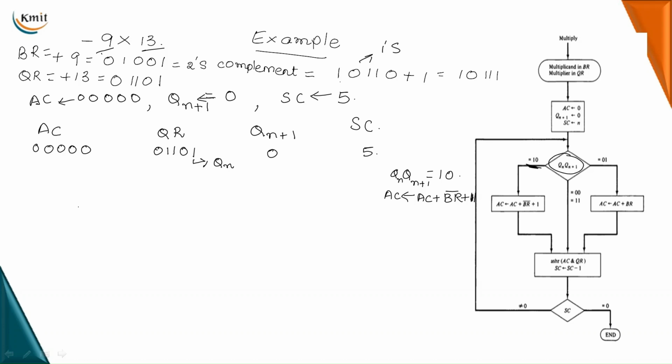The contents of the AC register are all zeros, and BR complement plus 1. What is BR complement? BR complement is 01000 plus 1, and it becomes 01001. Now add this value to the contents of AC.